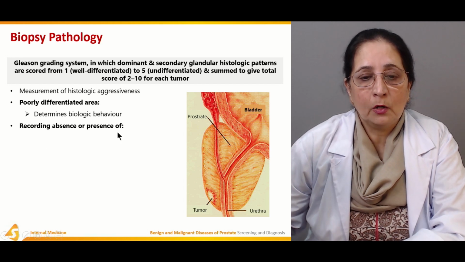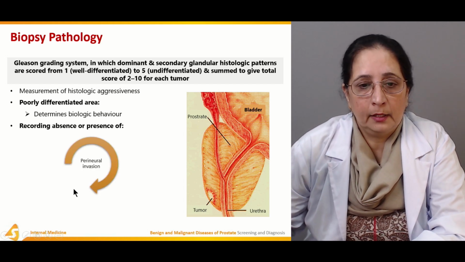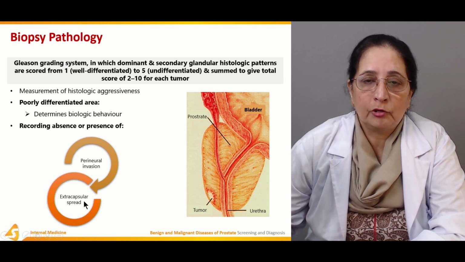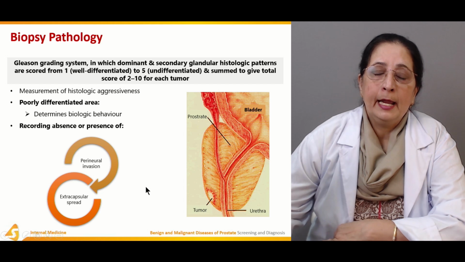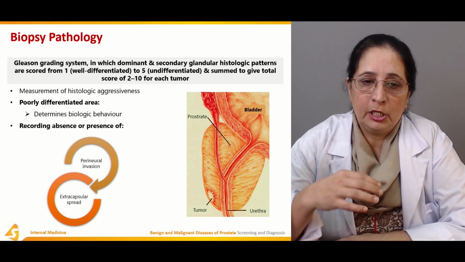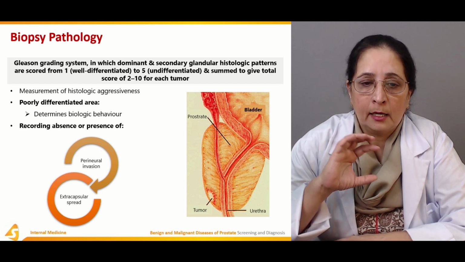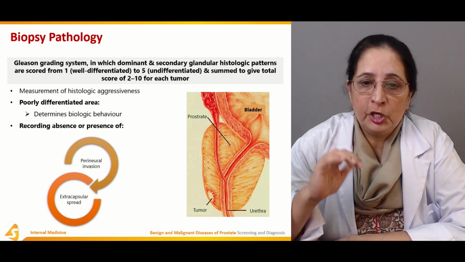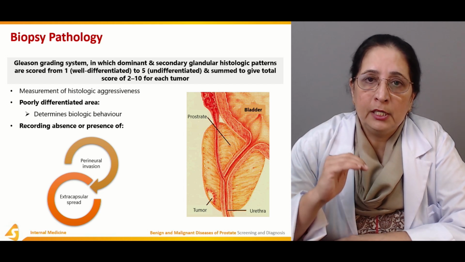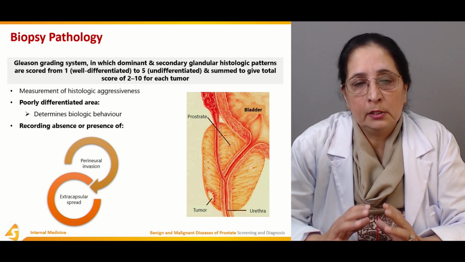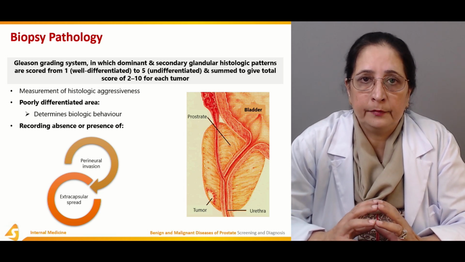Record the absence or presence of perineural invasion and also extracapsular spread. Again, if the tumor is poorly differentiated, that gives the idea whether there is any perineural invasion of the neural tissue, or spread of the cancer outside the capsule.